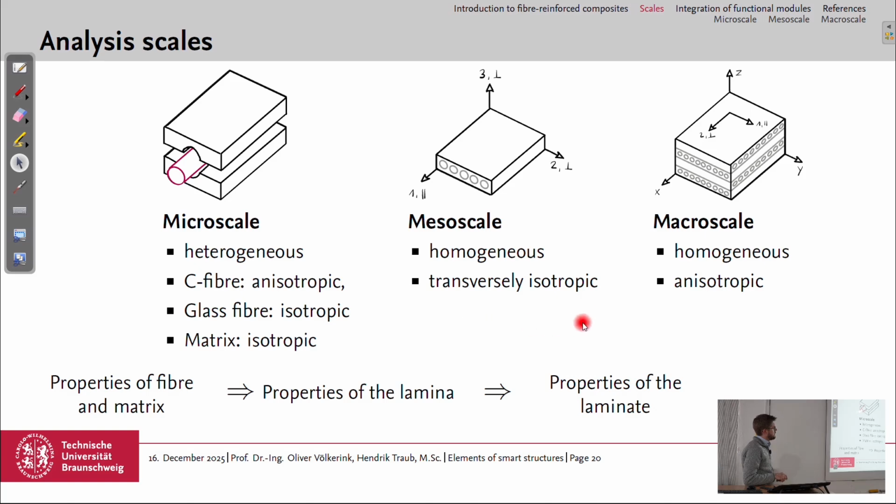But then it is transversely isotropic, for example, so not isotropic. And on this scale, we have a description of the whole ply, and then on the macro scale, we look at the whole laminate, which is also homogeneous and anisotropic, but then we need the properties of the whole laminate. So then we need a description of the stiffness of the laminate.